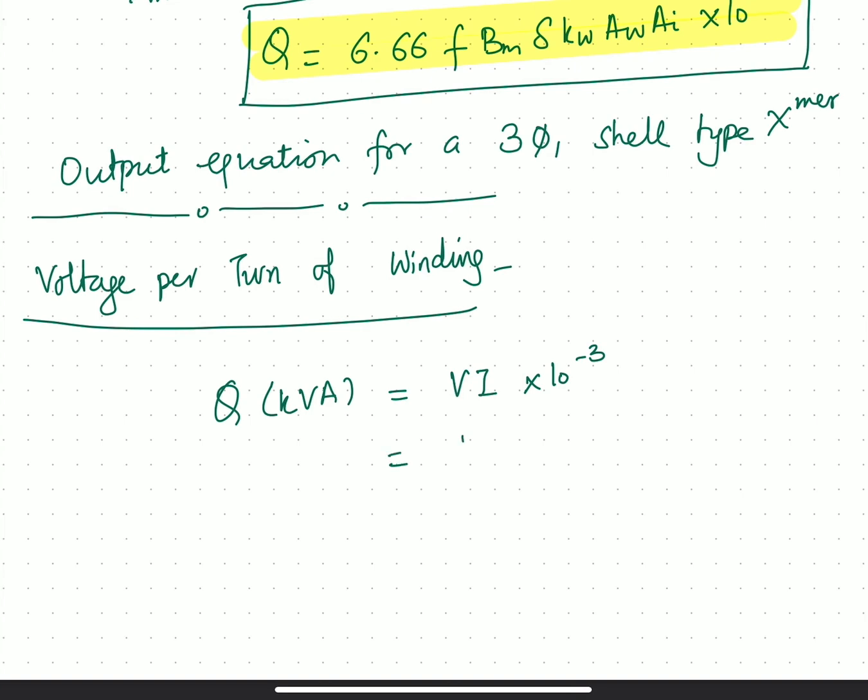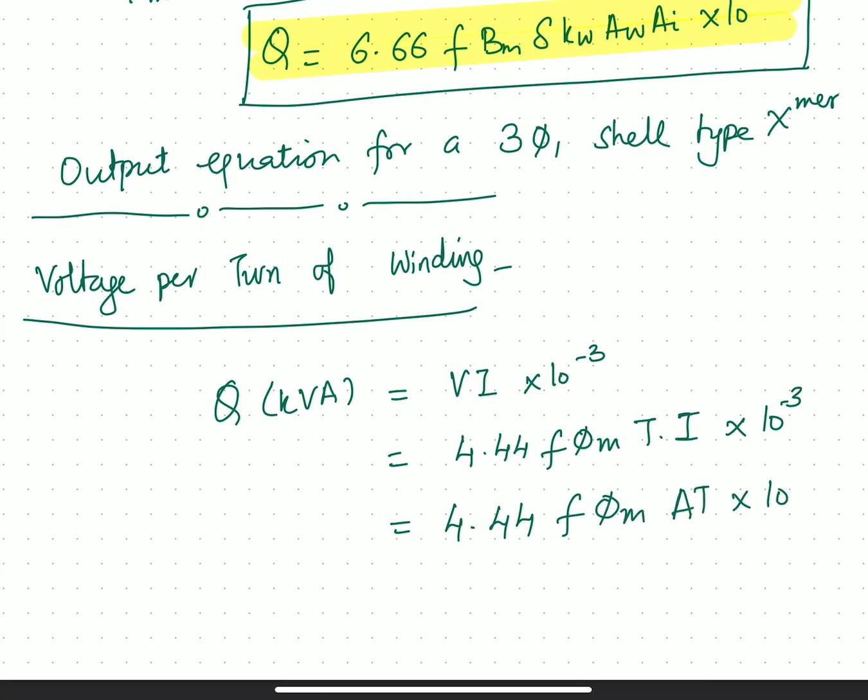So this V we can replace with 4.44 F phi m into T into I into 10 to the power minus 3. So this is 4.44 F phi m AT into 10 to the power minus 3, right? We replace this TI with AT, right?